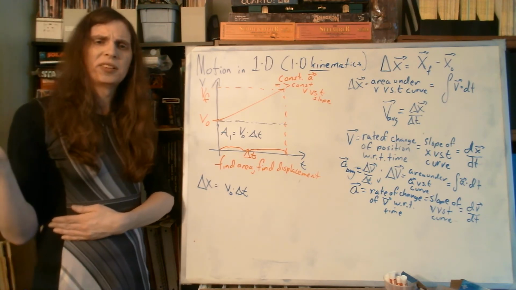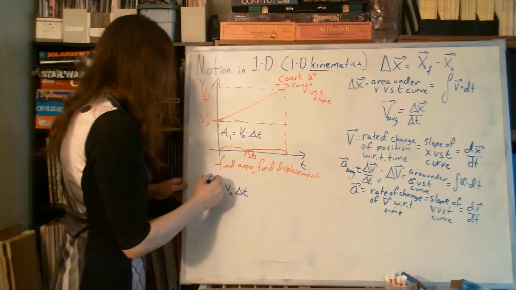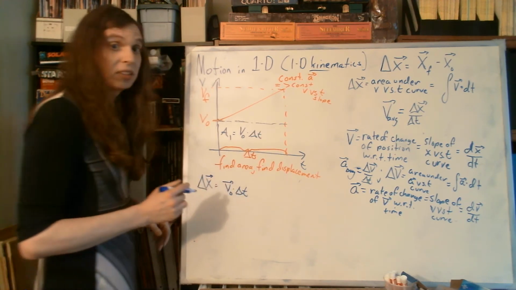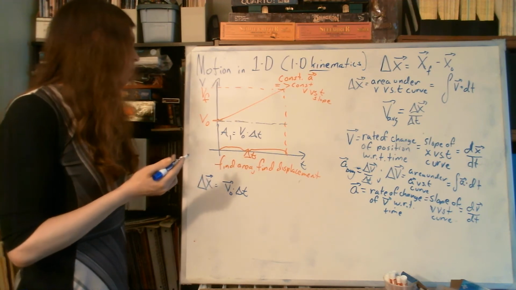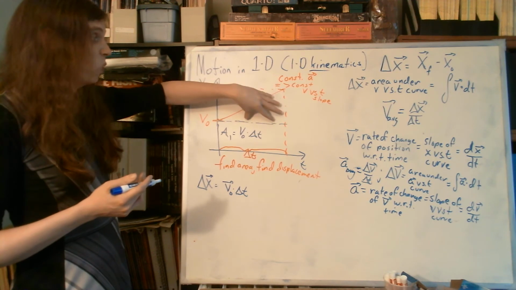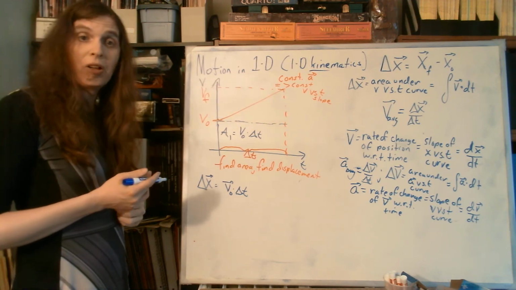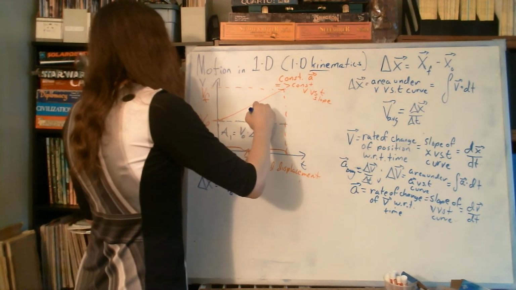And if this is all in one single direction, we can make that displacement and velocity, let's say. And then since we are speeding up, we've got all this other area here as well. And that's a triangle. Well, we know the area of triangles.